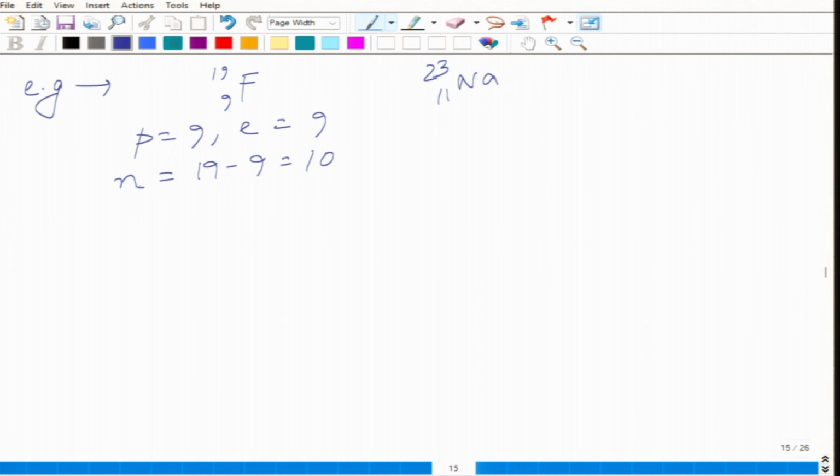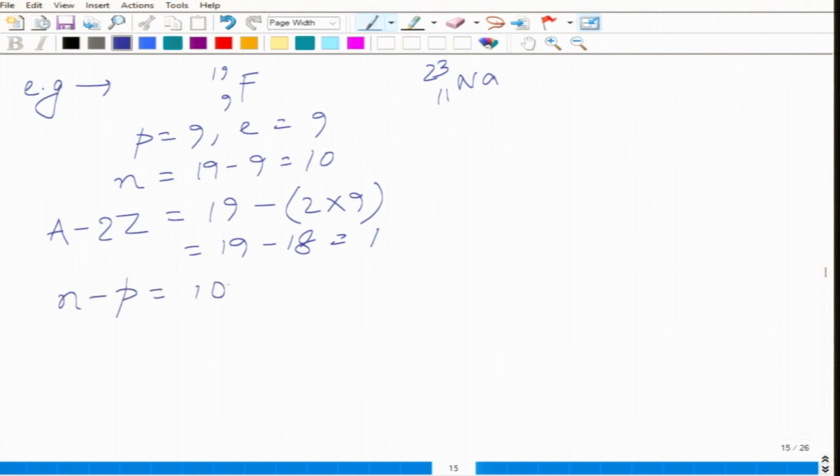What is the difference between the number of neutrons and protons? That is A minus 2Z. 19 minus 2 into 9, that is 19 minus 18 equals 1. Also n minus p equals 10 minus 9 equals 1.